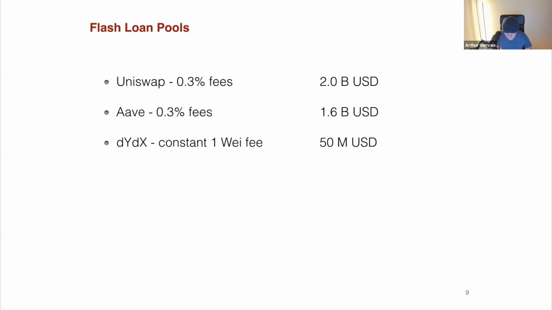What's interesting is that there's a certain fee being charged here, and dYdX is apparently the cheapest. They only require one wei, which is also a constant, so it doesn't depend on the size of the flash loan that you take. However, from a usability perspective, it's much easier to take a flash loan on Aave or Uniswap because these are well documented, for beginners at least.